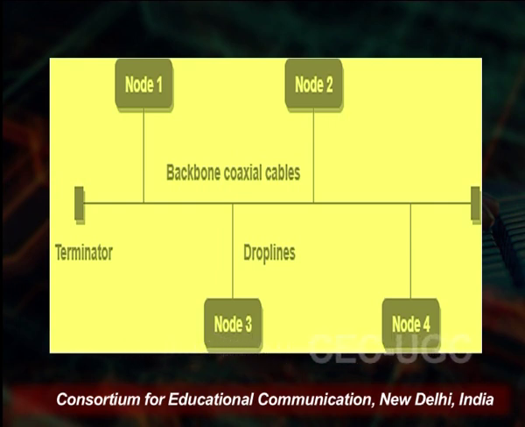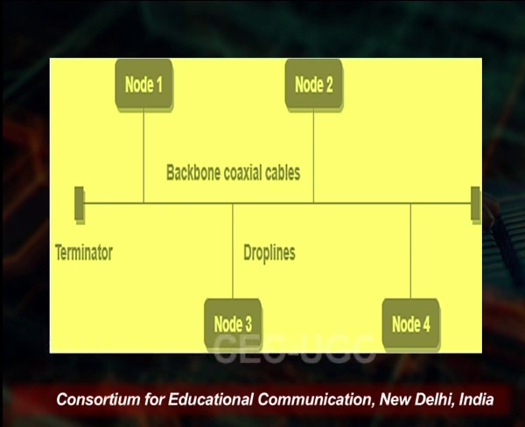Here we have node 1, node 2, 3 and 4, and all these connections which connect the nodes to that backbone are known as drop lines. So there is a drop line between node 1 and backbone, a drop line between node 2 and backbone, and so on.